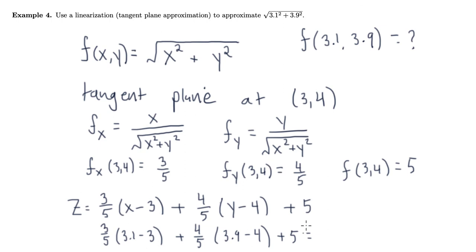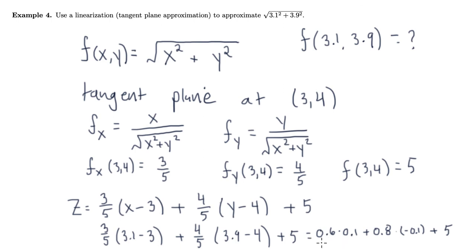Yeah, so let's see. 3/5 is 0.6, right? So we have 0.6 times 0.1 plus 4/5 is 0.8, and then times, this is going to be minus 0.1, and then I'm going to add 5, like that.